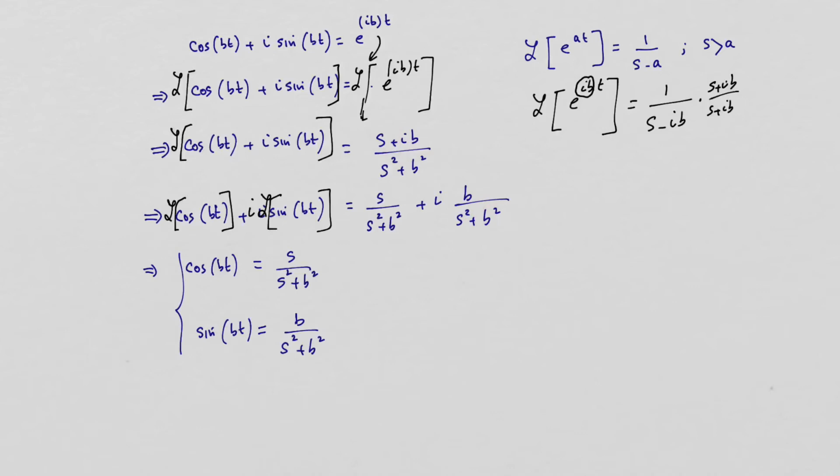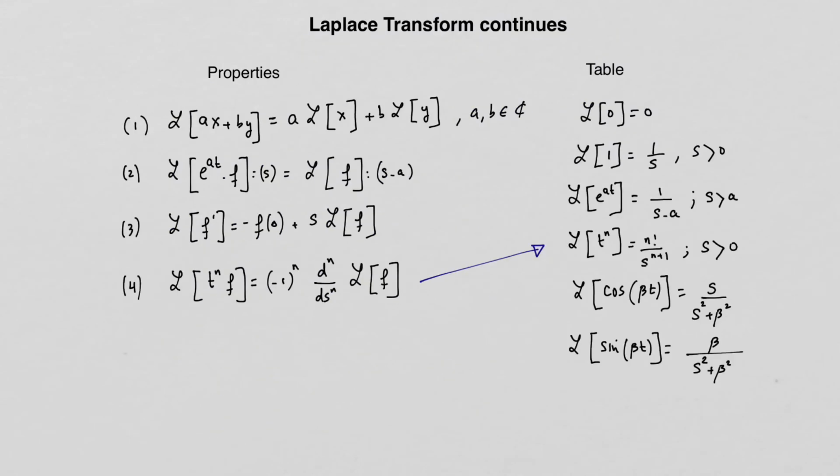And therefore, Laplace transform of cosine bt, the real parts basically goes with the real parts. So you get this. And Laplace transform of sine bt has to be that. Isn't that beautiful? You get both for free. Or actually, you get one for free. So now, we have proven this one and that one.